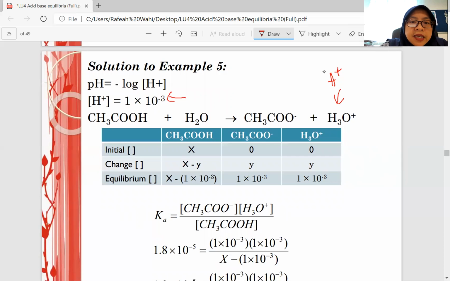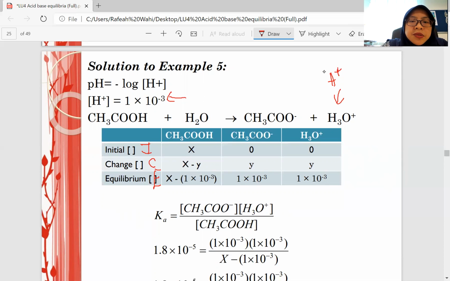Now we have again the 4 columns. 1 column for concentration, 1 column for initial acid, 1 column for H plus ion, and another column for the conjugate base. Okay, so let's say here you have I for initial concentration, C for change in concentration, and E for equilibrium concentration.